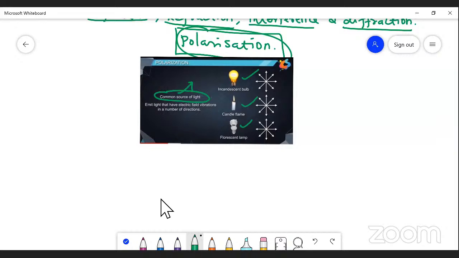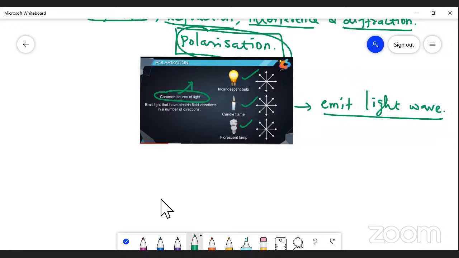What is special in these sources? So incandescent lamp, candle flame, and the fluorescent lamp emit light wave.